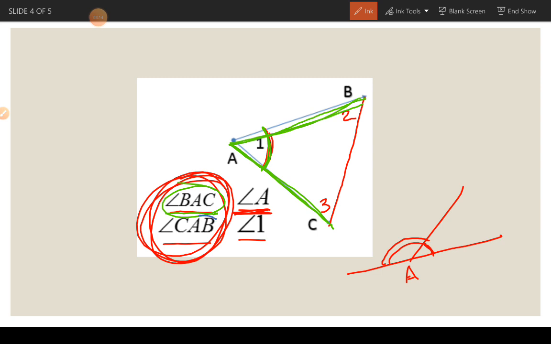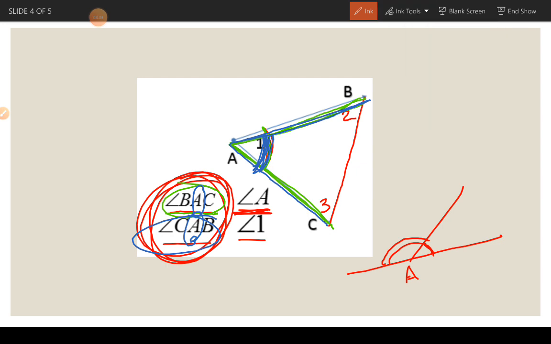This other one down below, the CAB, would be starting at C, going up to A, and then going to B. So again, it's still creating that same angle, okay? Basically, it doesn't matter where you start. It just matters what letter is in the middle. So if the letter in the middle is A, that means that the angle is coming from A, okay?